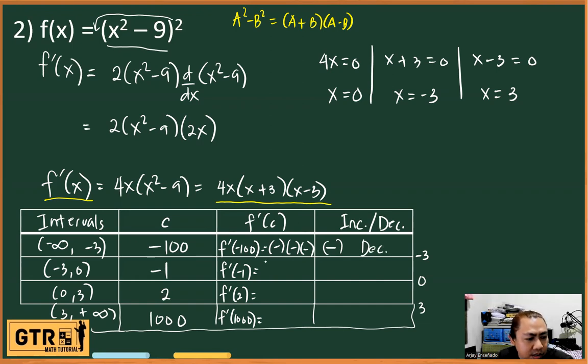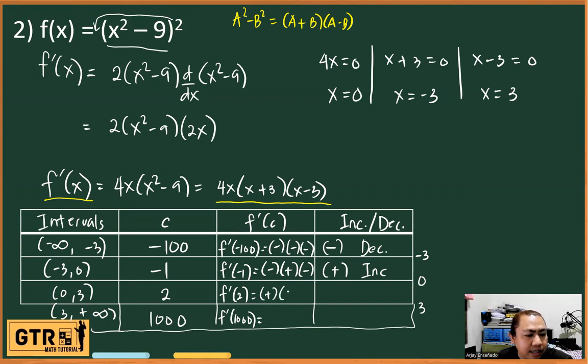So next, negative 1. So negative 1, so this will be negative. X plus 3, so negative 1 plus 3, that is positive 2. So we have positive sign. If x is negative 1 minus 3, that is negative 4. So we write negative. Then multiply: negative, positive, negative. So we have 2 negatives. So therefore, positive, increasing in this interval. Okay, so f prime of 2. So 4x is positive.